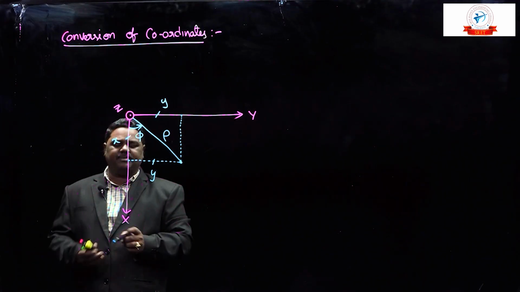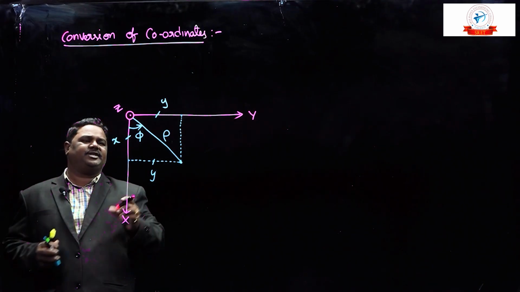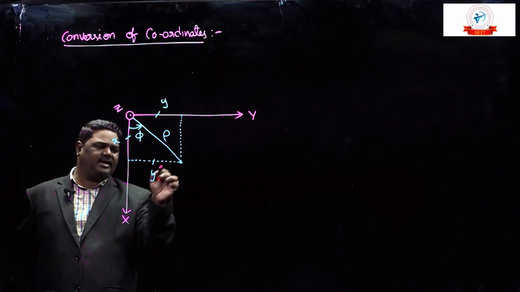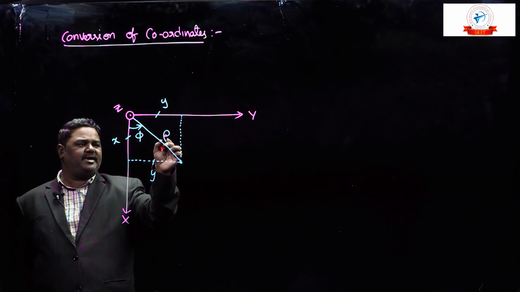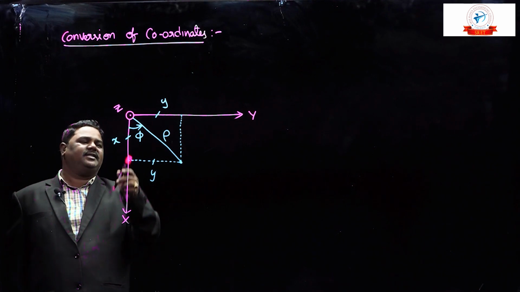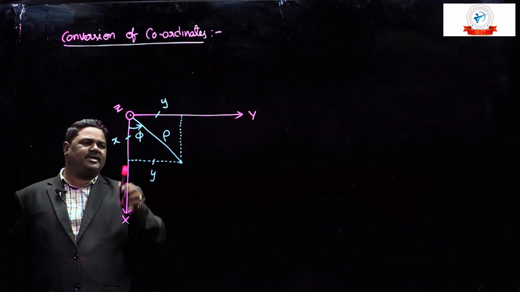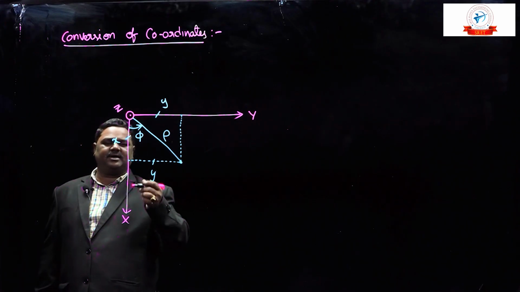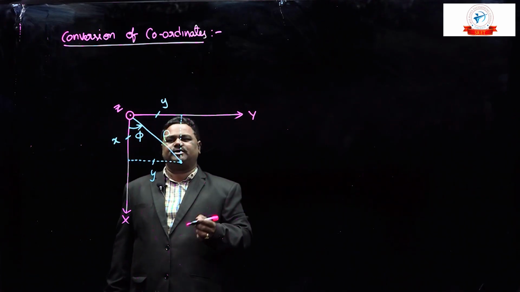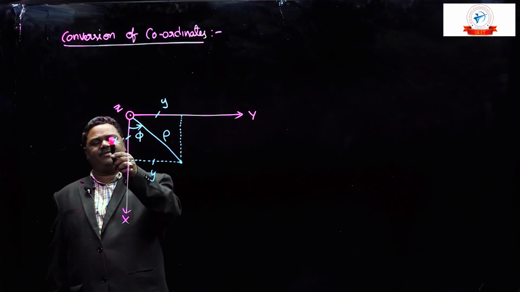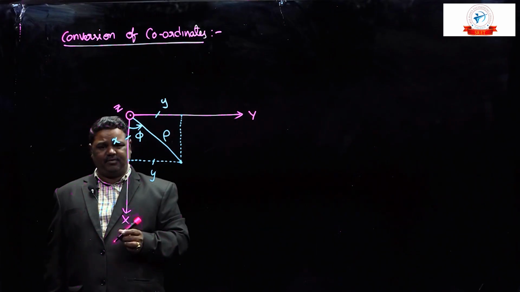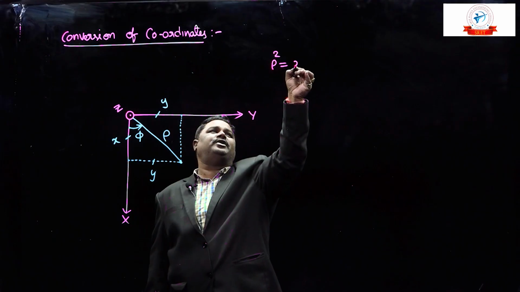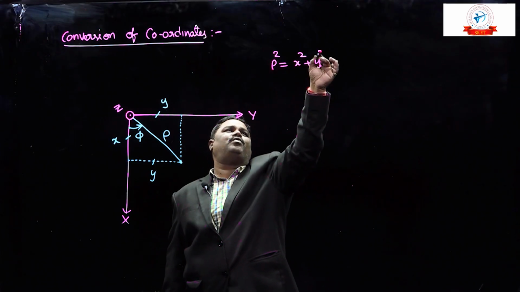Now observe this triangle. The height of the triangle is x, the width of the triangle is y, and this diagonal length is nothing but rho. And there is an angle phi here. From this triangle, we are going to give the relation between Cartesian and cylindrical. First, the relation between x, y and rho: you know that rho square is equal to x square plus y square.